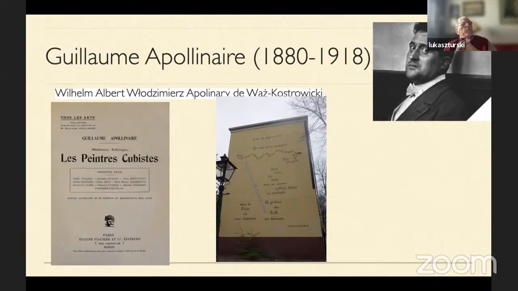When the first war started, for people of a certain financial and intellectual status, it wasn't clear whether they were drafted or they volunteered to join the army. But in any way, he went to the battlefront and was very badly injured and was dismissed from the army. He returned to Paris and he died in 1918, in the year of the armistice.